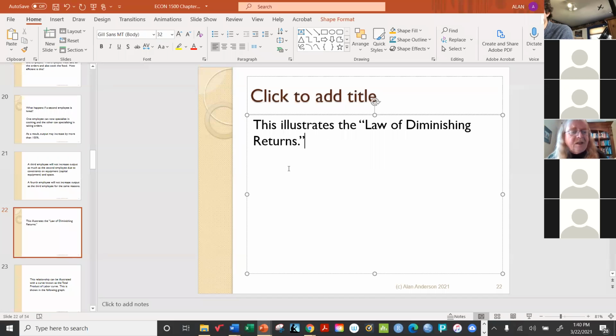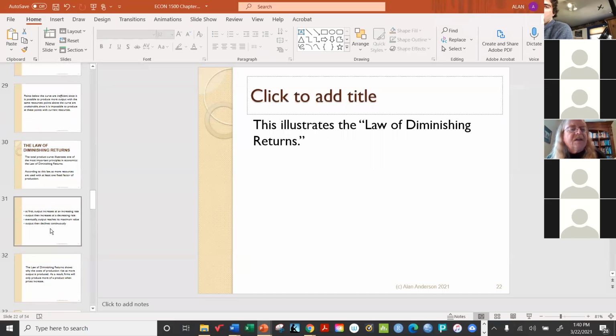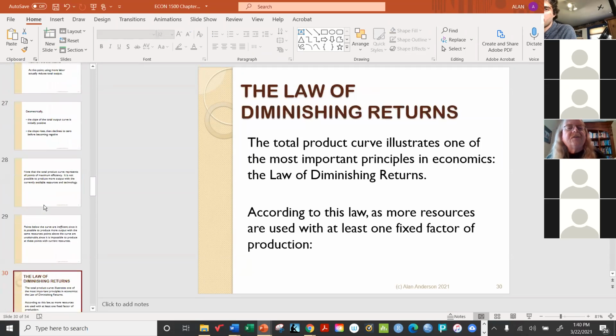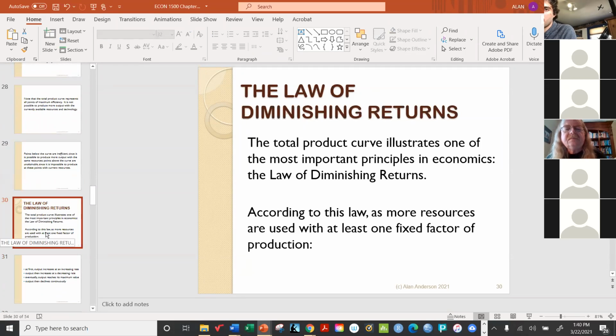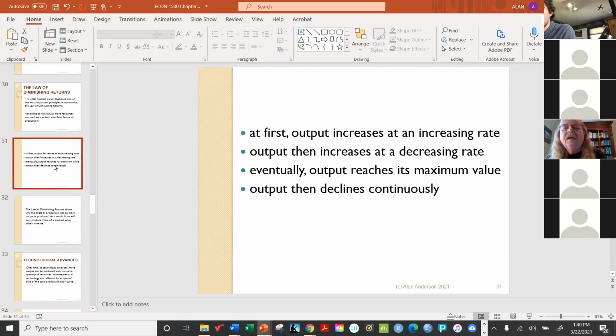Now, just as an aside, you've all experienced this yourselves. In fact, why don't we jump ahead here and remind, because it's already down here somewhere, I just want you to see that according to this law, as more resources are used with at least one fixed factor of production, at first output increases at an increasing rate due to specialization.